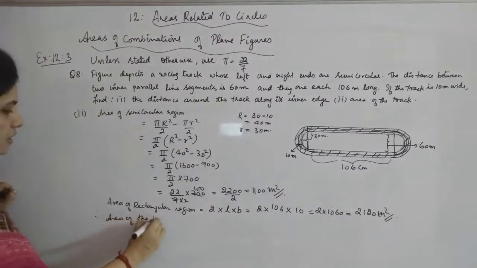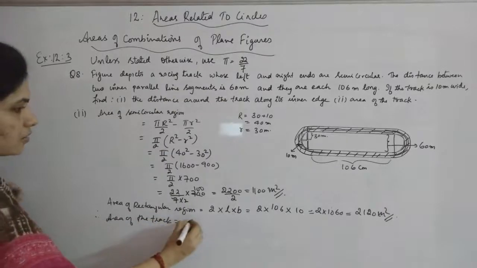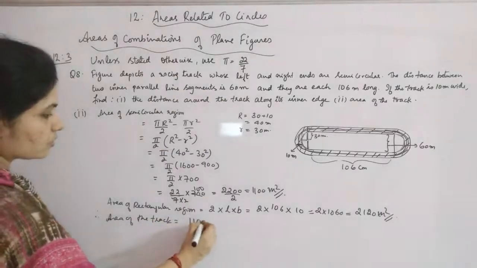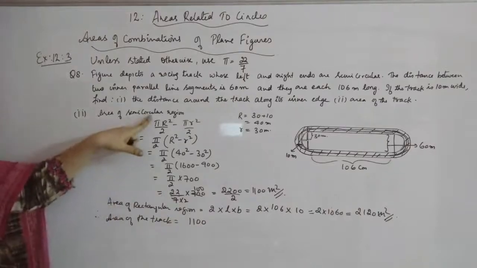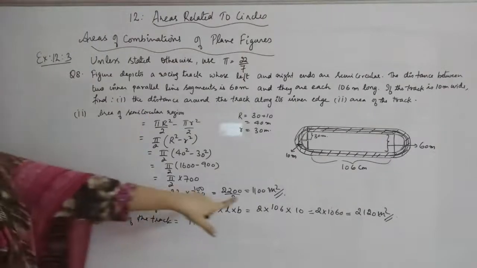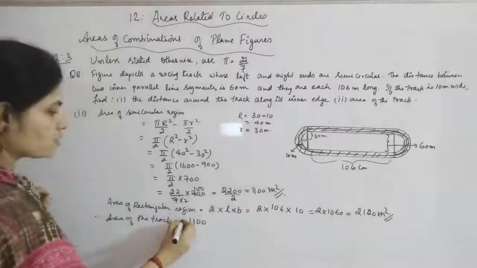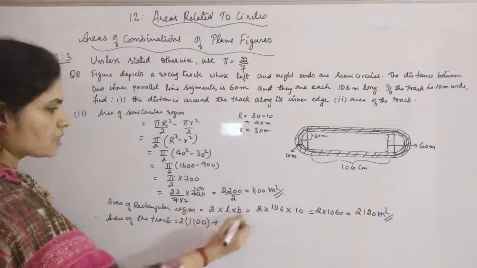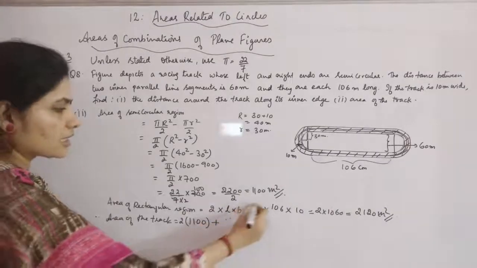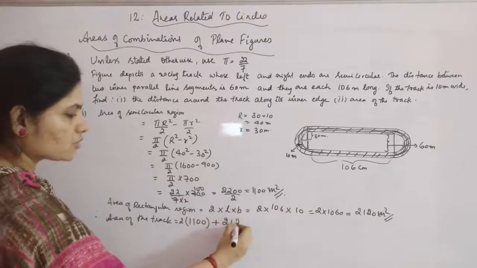Therefore the area of the track is equal to 1100. This is actually one semicircular region. So for 2 semicircular regions you have 2 into this. So you have 2 times the area of the semicircular region plus 2 times the area of the rectangular region, which has already been taken, so it is 2120.